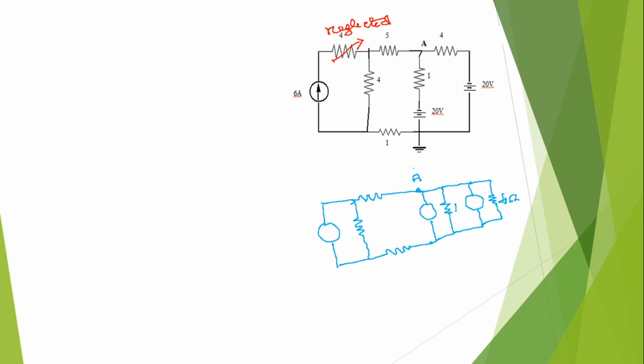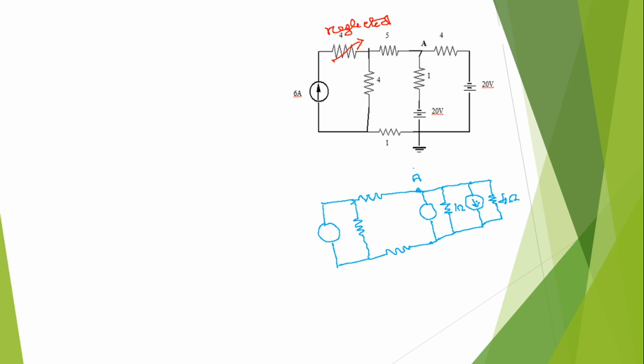This resistance is same as 1 ohm. What about the current source direction? In the voltage source, A is a negative potential and G, the ground, is a positive potential. So current flows in the source from negative to positive. So this is the current direction.